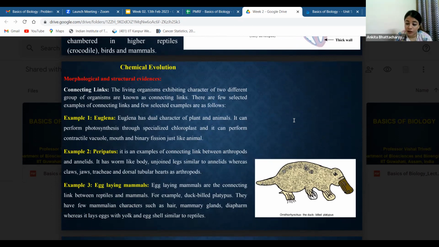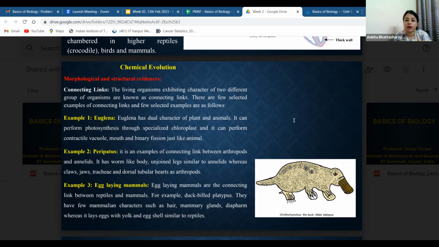That might be quite helpful in recollecting what are the two different classes or phyla within which it is considered to be a connecting link. Then came egg-laying mammals like platypus, we had discussed echidna. They are also intermediate between the two. And we should also try to keep in mind what are some of the features for which they're considered to be connecting links.